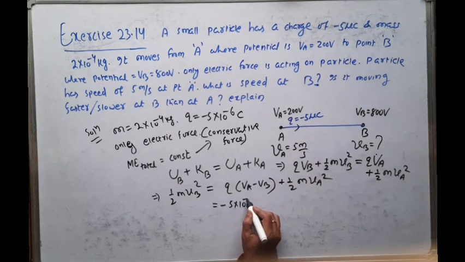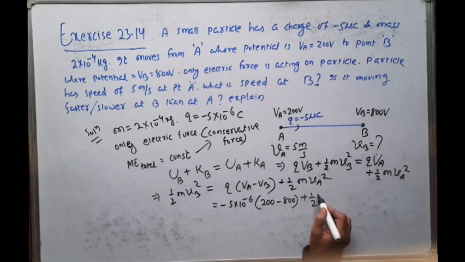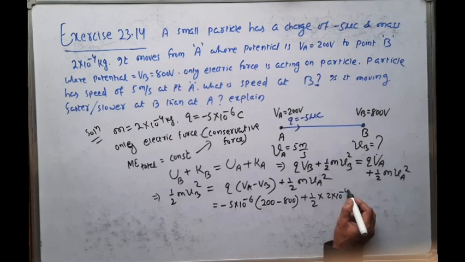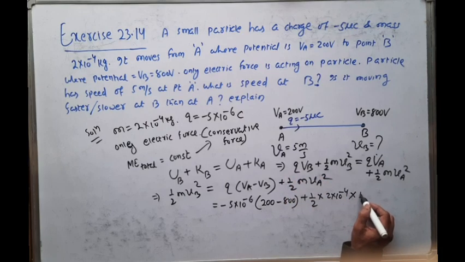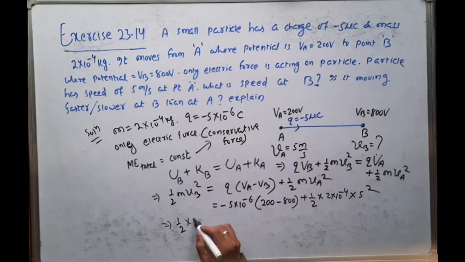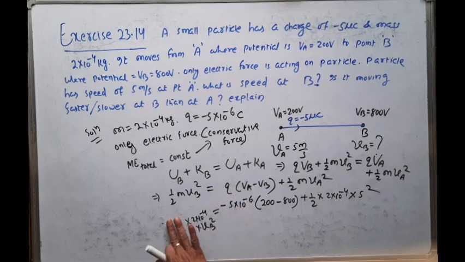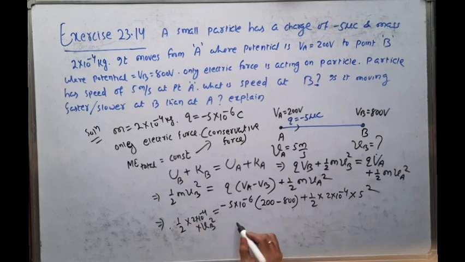VA is 200, minus VB is 800, plus half mass of the charged particle, 2 into 10 to the power minus 4, into velocity of A, that is 5 square. Half into mass, 2 into 10 to the power minus 4, into VB square is equal to this. Everything you know, so you calculate the speed at B point.